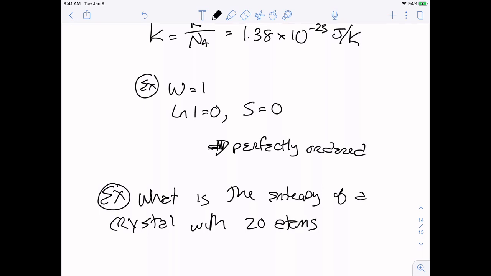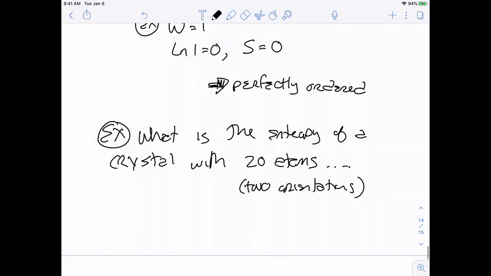And then let's just say there are 2 different states, so 2 orientations. Since I have 2 orientations and 20 atoms, the number of states is 2 to the 20th. You would take however many ways you have and raise it to that power.